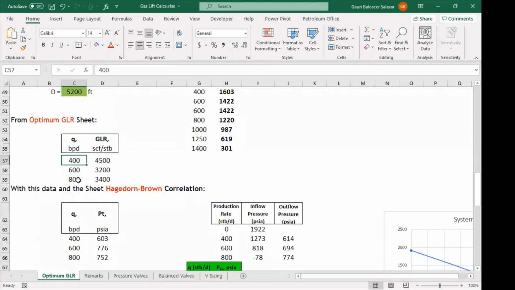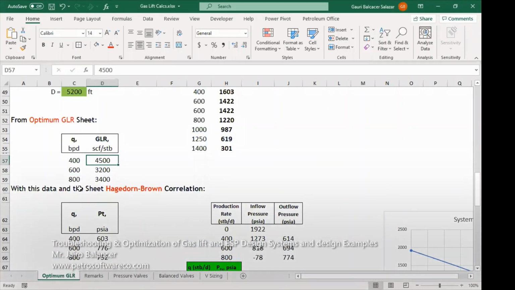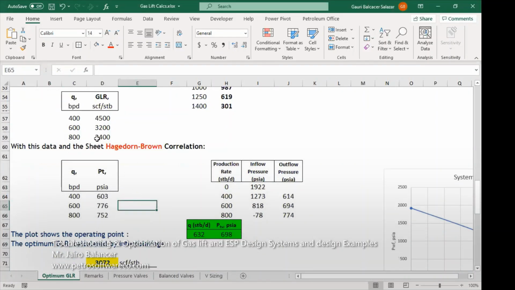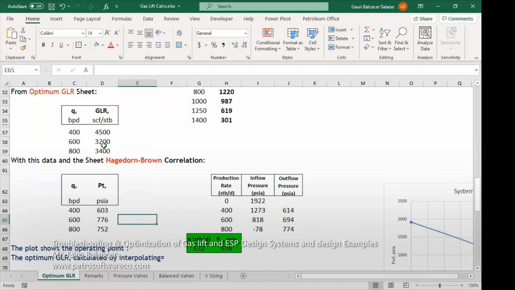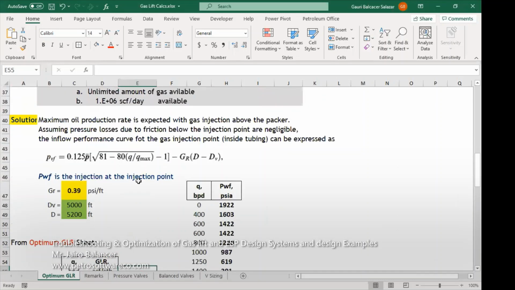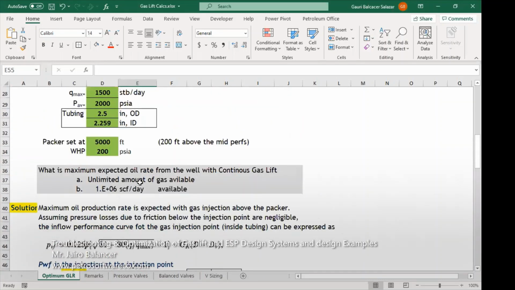We have those three values and the gas lift ratio, and in order to get the production tubing pressure, in this case, for the production we have the gas lift ratio, which is calculated as before.